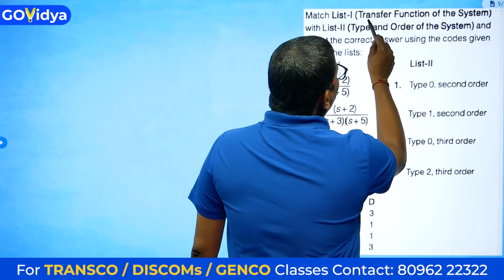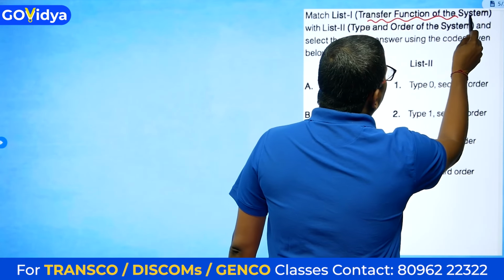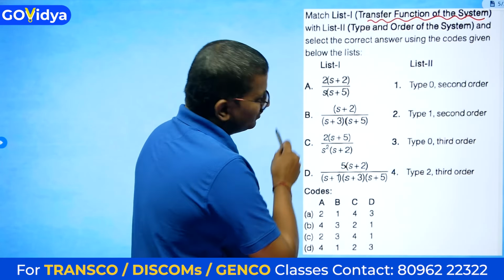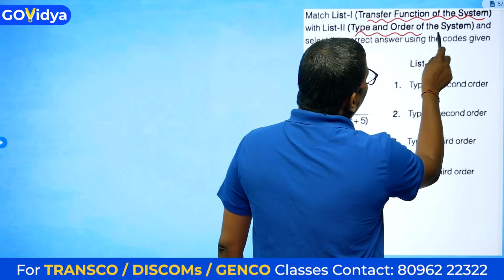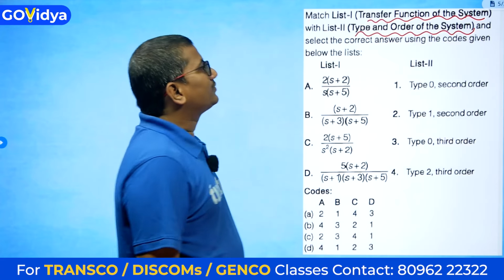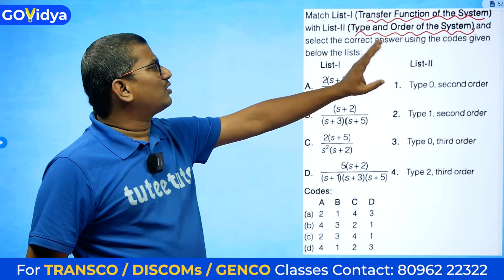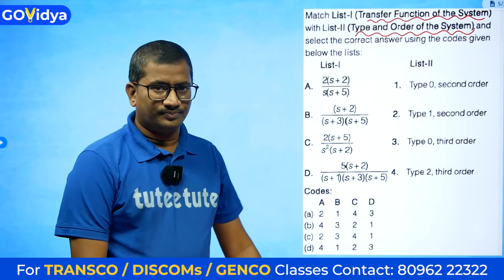List 1 is the transfer function of the system, meaning the left side are all transfer functions. List 2 is the type and order of the system. Select the correct answer using the codes given below the list.